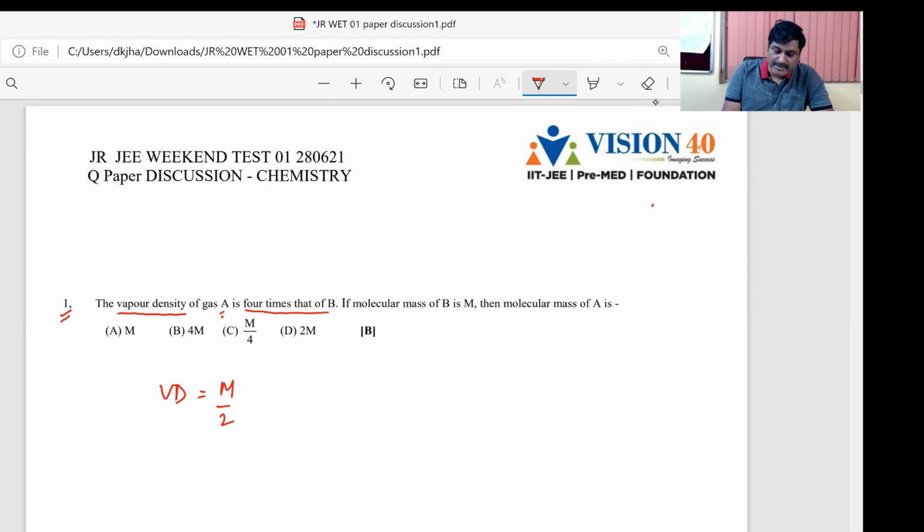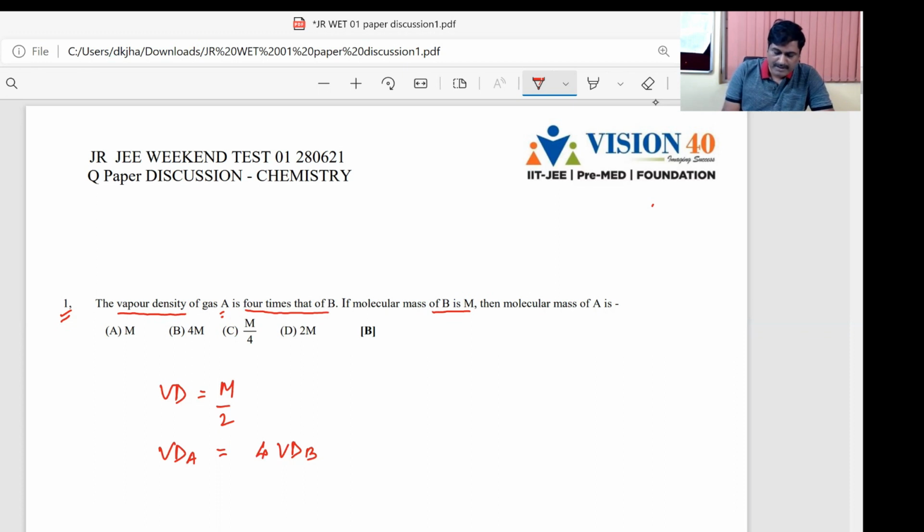So the vapor density of gas A is 4 times that of B, which is equal to 4 times the vapor density of B. Fine. Now, given the molecular mass of B is M, the molecular mass of A is a simple one.